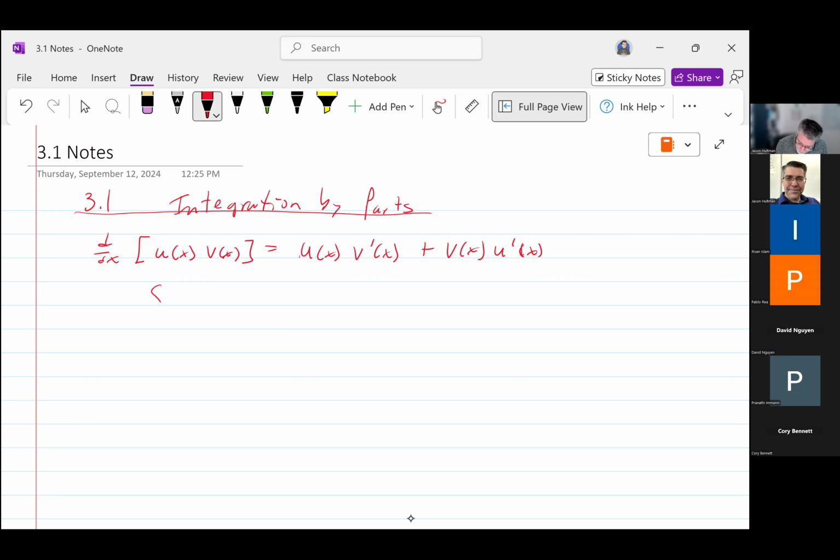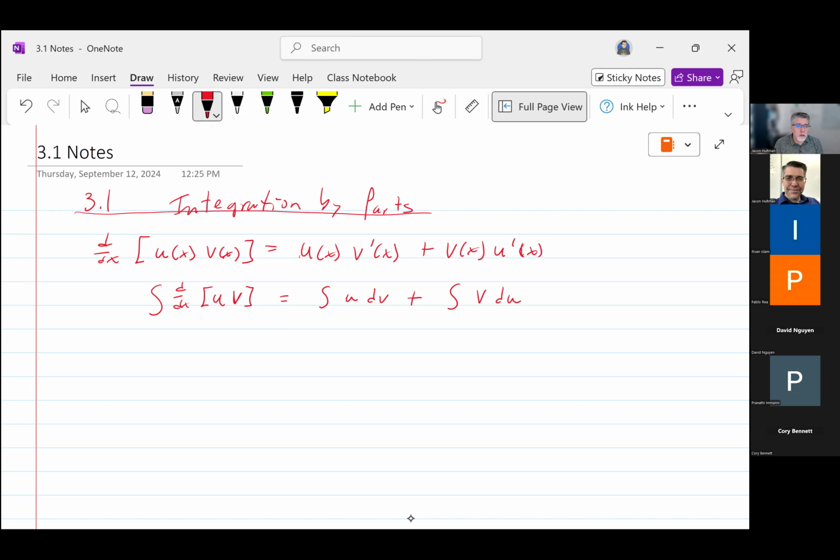We have to say, well, if we integrate the derivative of u and v, u times v, this is really equal to the integral of u dv plus the integral of v du.